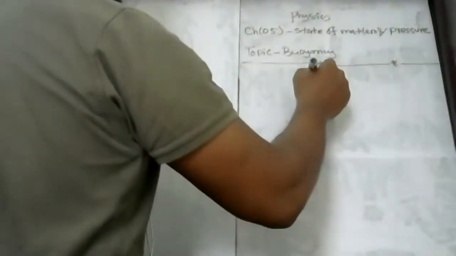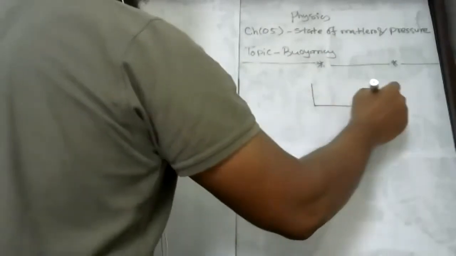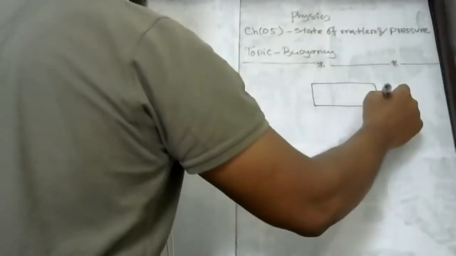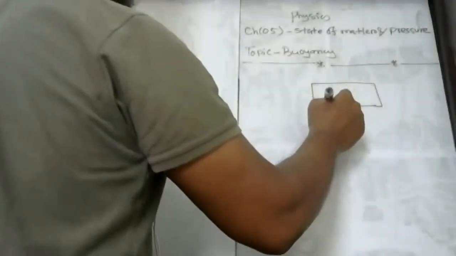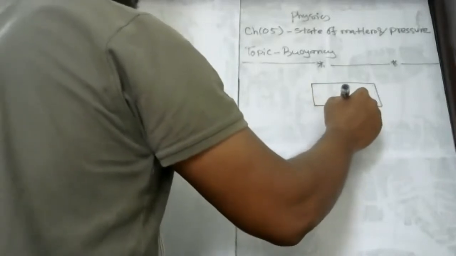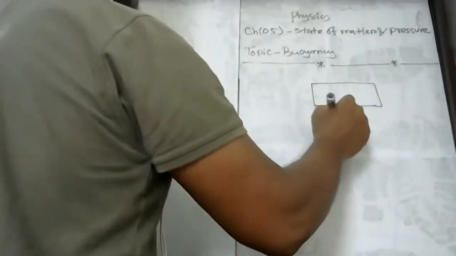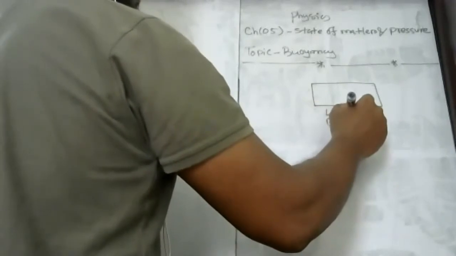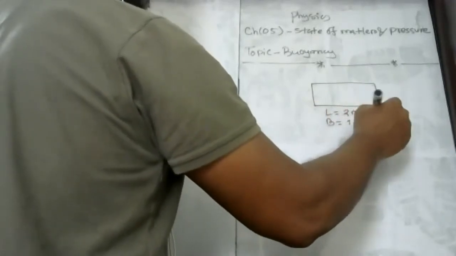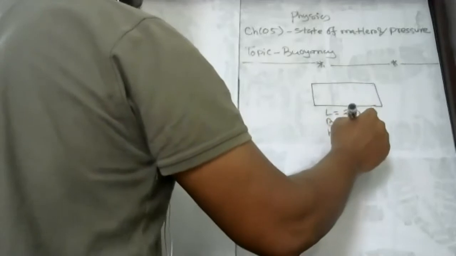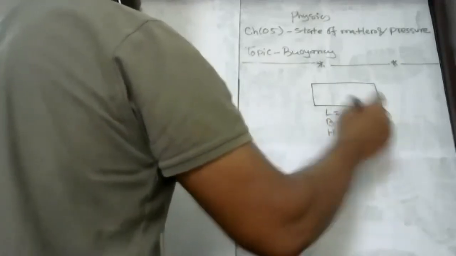Now, my dear student, suppose this is a body having length 2 meter, breadth 1.5 meter, and height 1 meter.